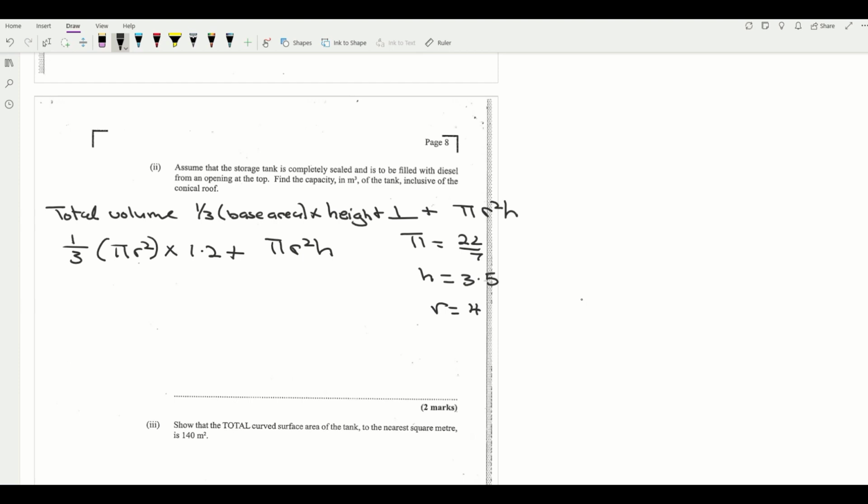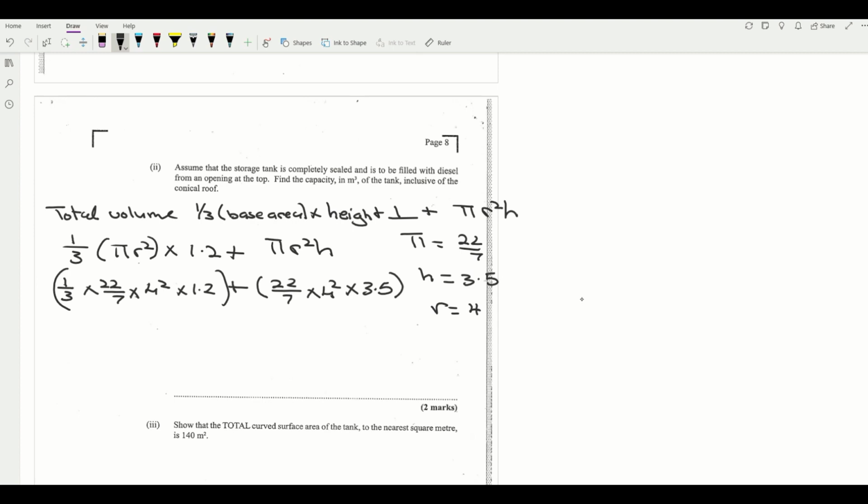Now we're going to put in the values. That's a third multiplied by 22 over 7 multiplied by 4 squared multiplied by 1.2, plus, let's put this in brackets, 22 over 7 multiplied by 4 squared multiplied by 3.5.